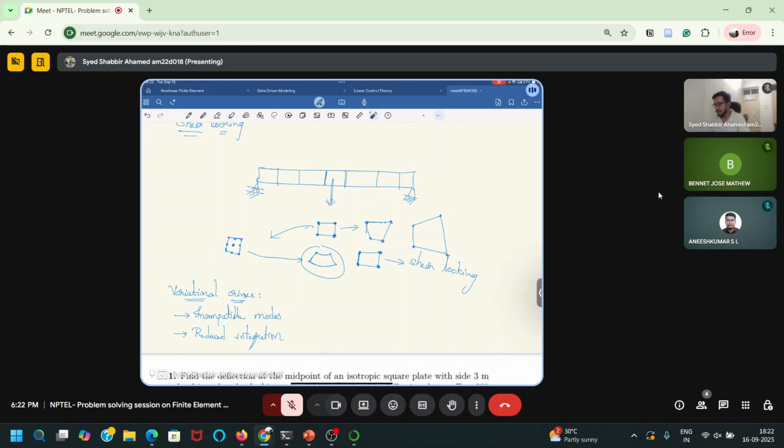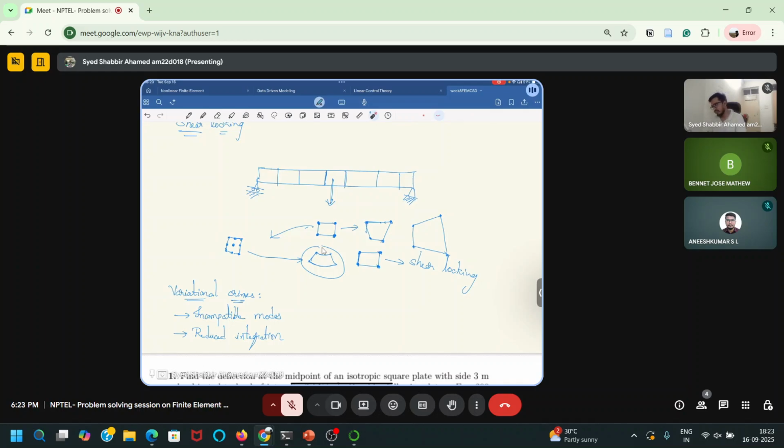Like if you have played GTA Vice City or some of these games, we use cheat codes to do some task or to avoid difficulty in playing the game. These are obviously not legal, but we are doing it because we want to get the solution in an easy manner and avoid the complexity. So those are called variational crimes.